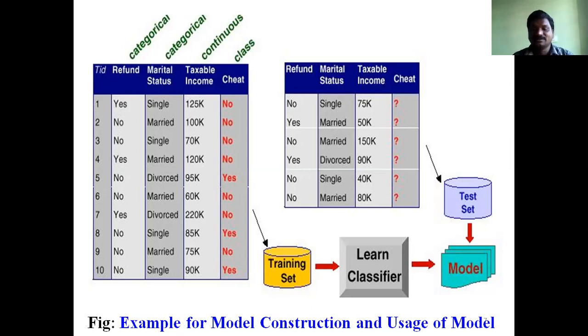In the learning phase you are taking the training data, and in the testing phase you are taking the testing data. You are giving the testing data to the model, and you are giving the training data to the algorithm.